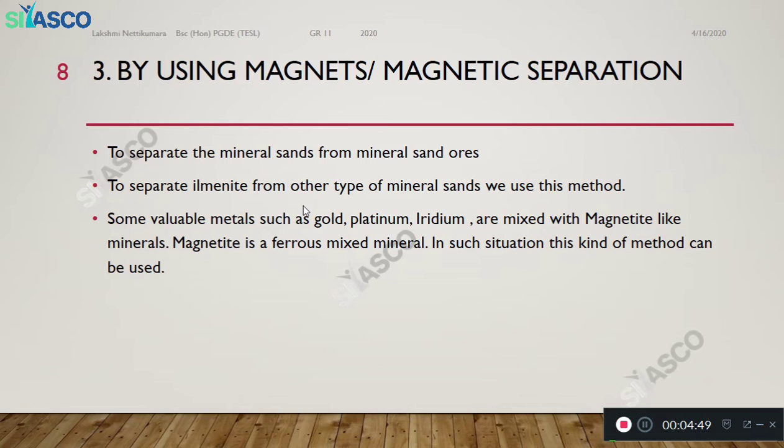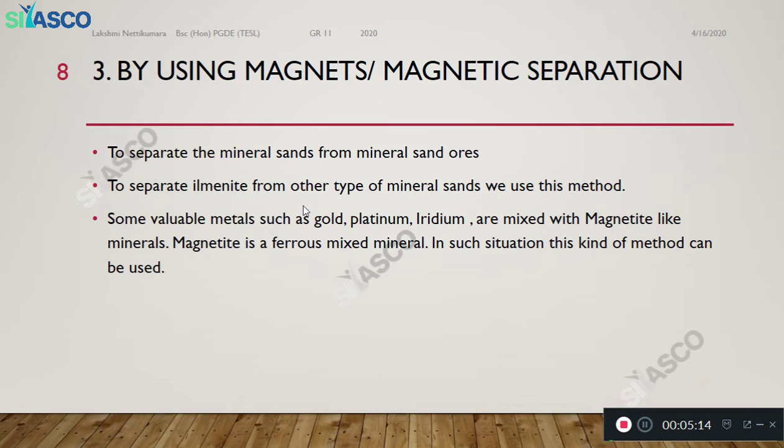As you know, Sri Lanka benefits from a huge mineral sand ore which is located in Pulmudai. In this ore, there are many various kinds of minerals, such as ilmenite, zircon, monazite. All these are mixed together and form mineral sand.